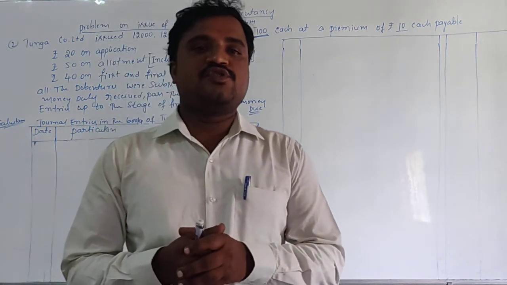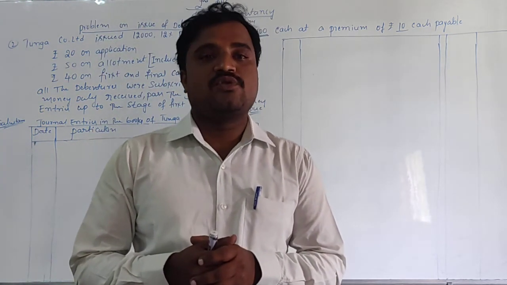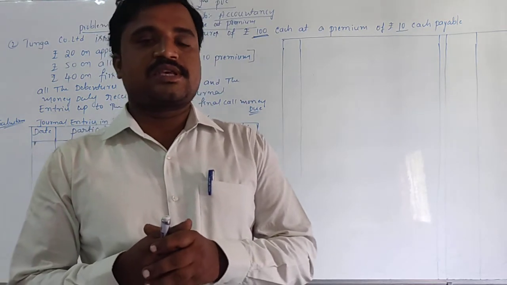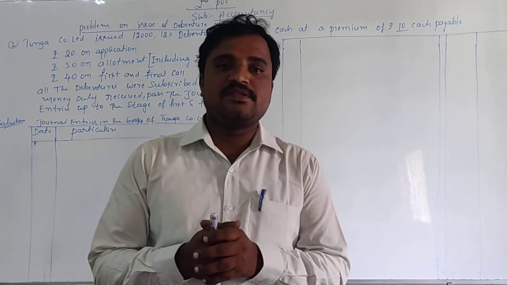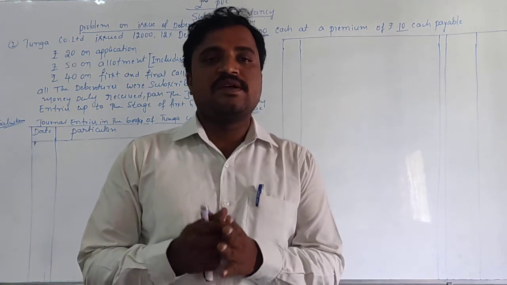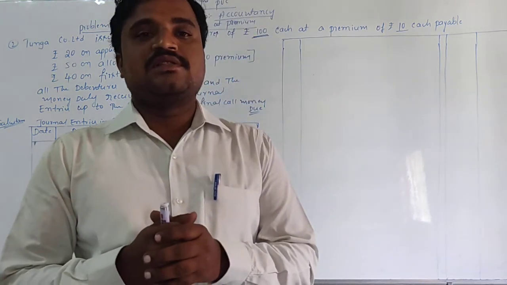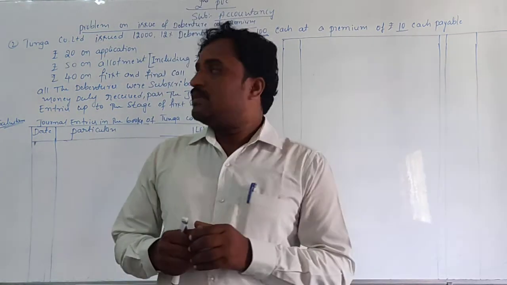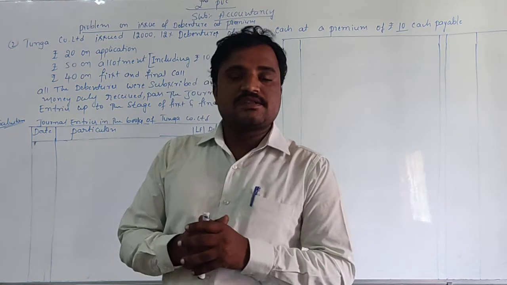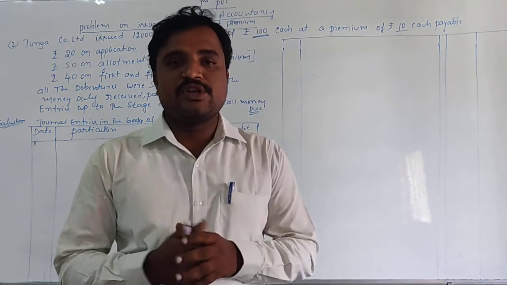Securities premium always should be written on the credit side only, because securities premium is income for the business. In case discount is given in the problem, that is a loss for the business, that should be written on the debit side.